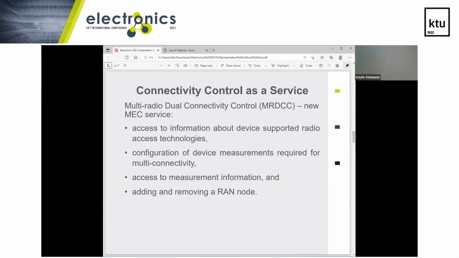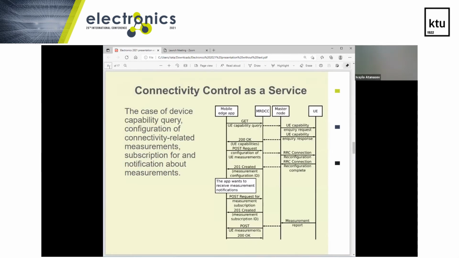Next one. So in a dense environment, a dedicated edge application may configure connectivity-specific triggers for measurement reporting. So, for example, a white list of cells or black list of cells, which are not applicable in event evaluation or measuring reports. They are not considered there.